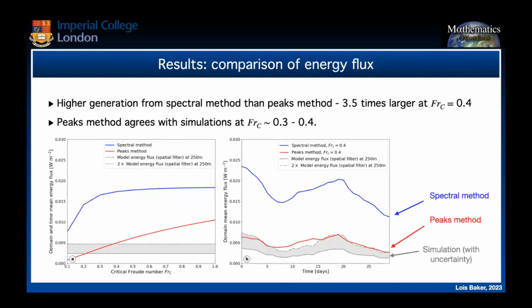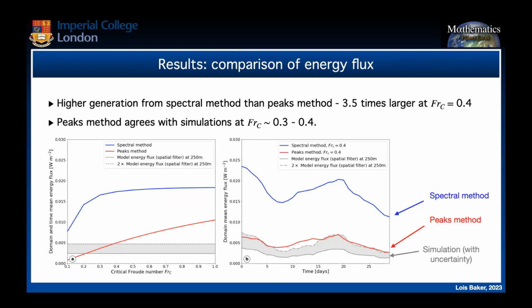And then finally, just a comparison of the energy flux between the model and the two parameterizations. On the left here, I'm showing the domain and time mean energy flux against the critical Froude number, which is kind of the tunable parameter in our parameterizations. In blue is the spectral method, in red is the peaks method, and in gray is the estimated energy flux from the simulation. So you can see there's an error bar there, some uncertainty, and that doesn't change with the critical Froude number because that just affects the parameterization.